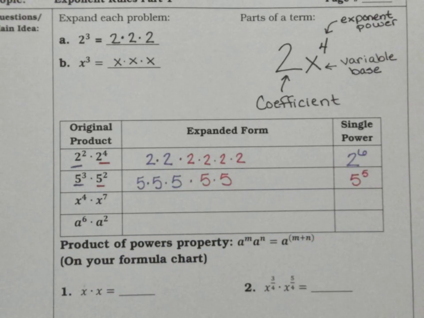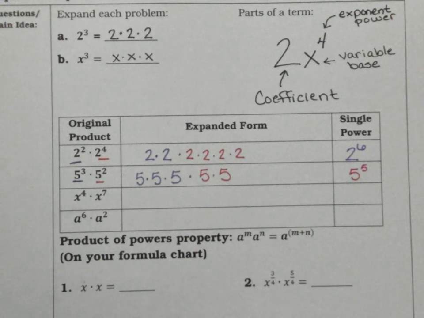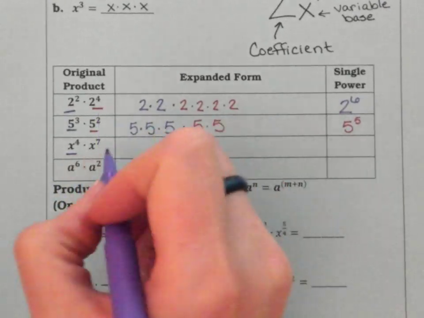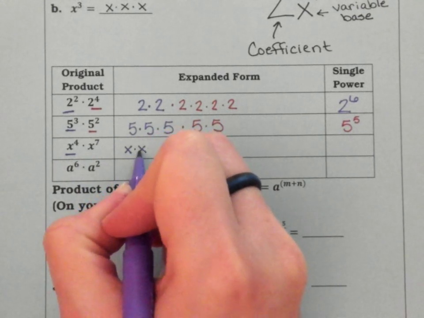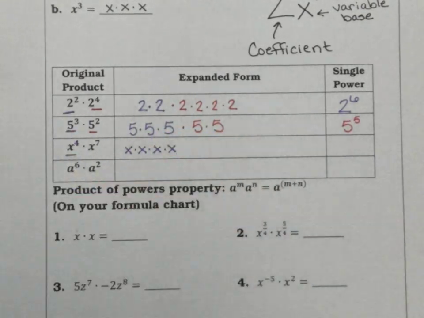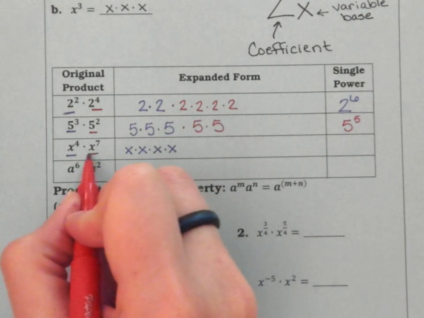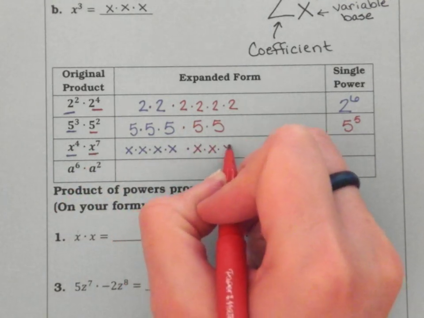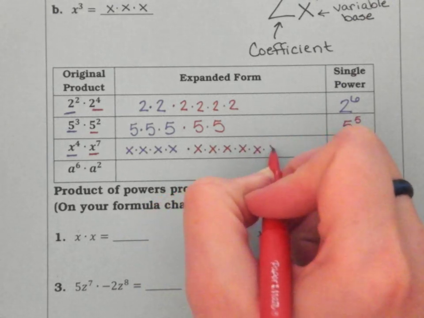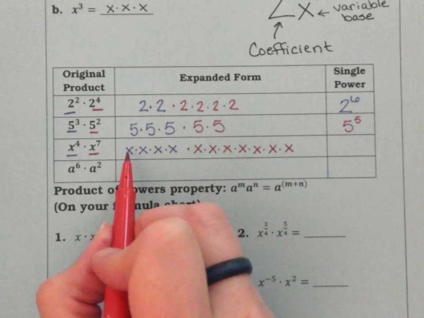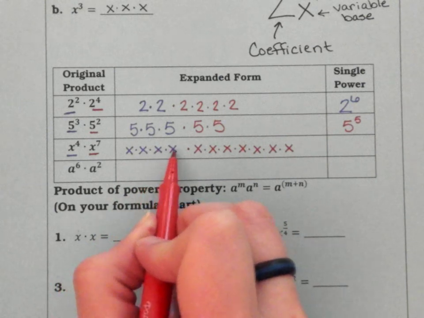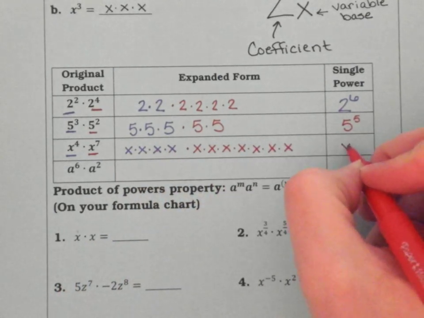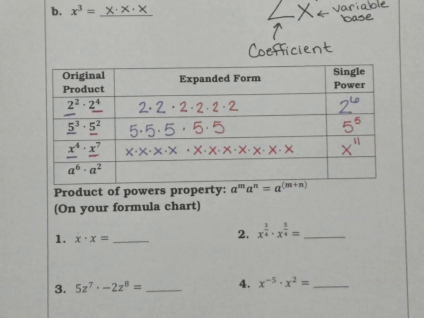And the same thing works for variables. So if I have x to the 4th power, that means I have 4 x's. And then if I have x to the 7th power, I have 7 x's. And then if I add them all up, 1, 2, 3, 4, 5, 6, 7, 8, 9, 10, 11, x to the 11th power.